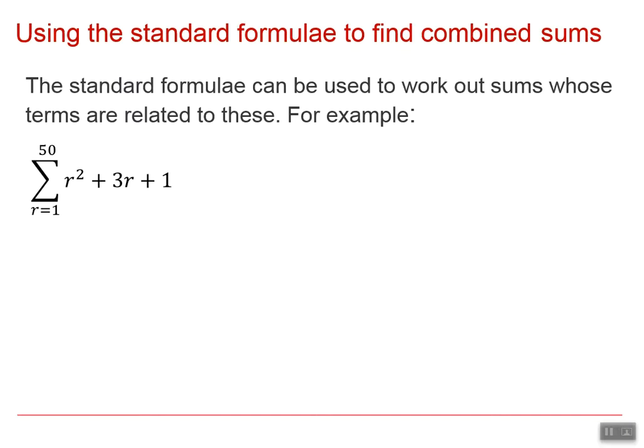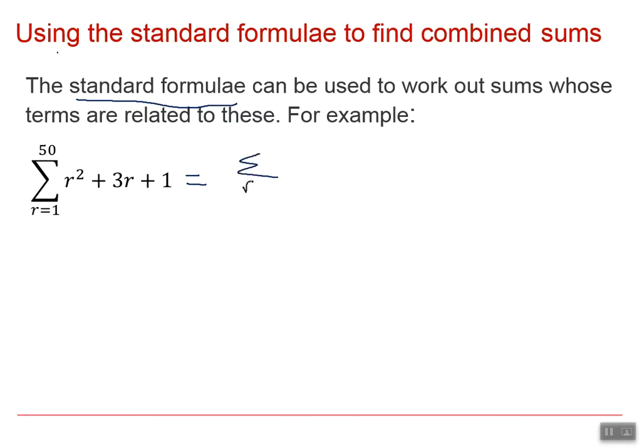Okay, so if we have a more complicated looking sum like the one we have here, we can use the standard formula that we've already met in order to find the sums that are related to those. So if we start with this example, this can be rewritten into three separate sums.